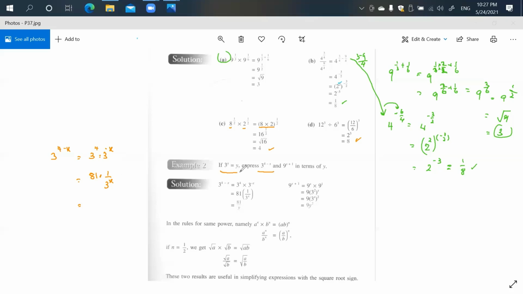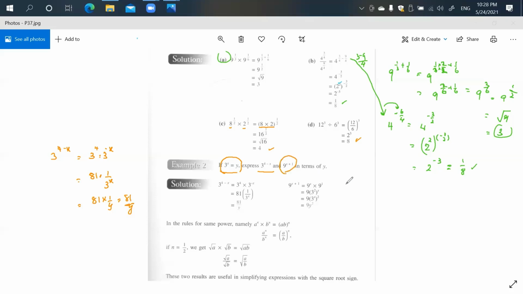We know the question gives us, don't forget, to replace 3 to the power of x with y. So we have 81 times 1 over y, which is 81 over y. So that's the answer.